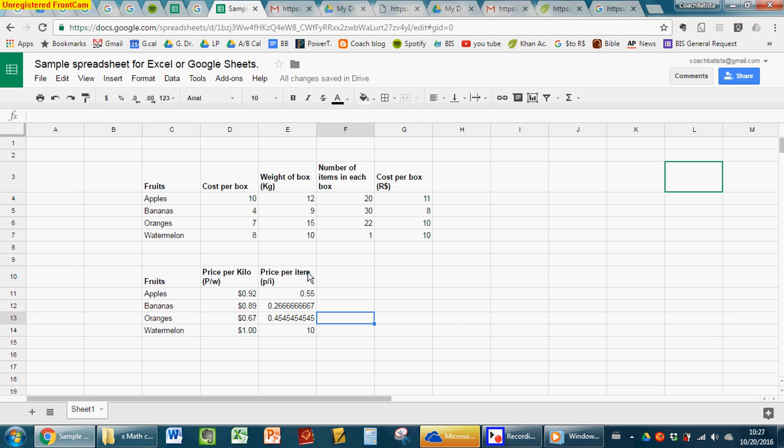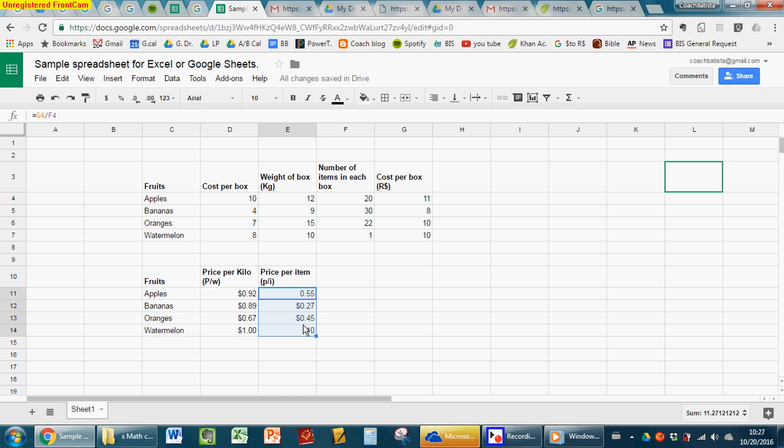Here I did the price per item. Okay, you see these numbers look really bad because I did equals, this divided by this. If you want to make these numbers look nicer, you can click here on this dollar sign and it rounds it for you. See, 0.454545. If you click here, it was just rounded to 45 cents.